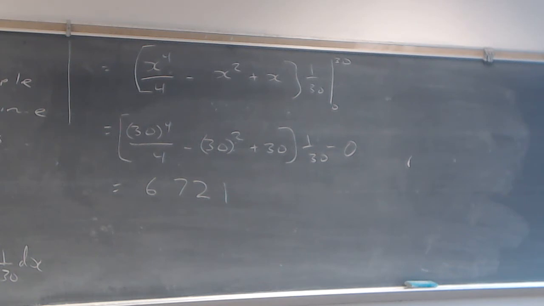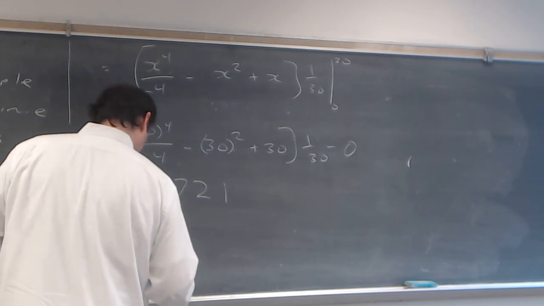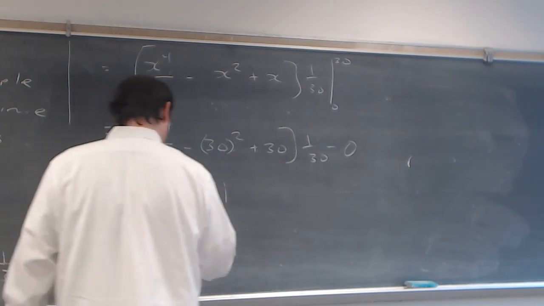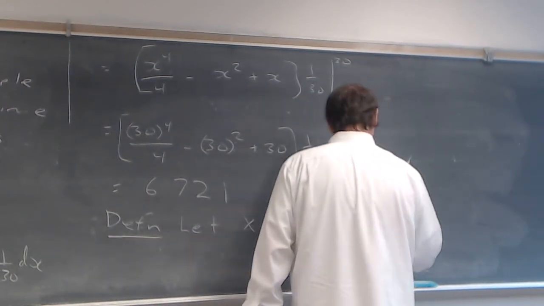Okay, the next thing I want to do is define the variance for a continuous random variable. So let x be a continuous random variable.